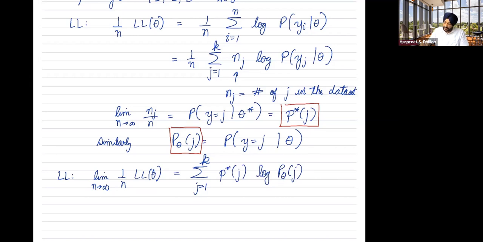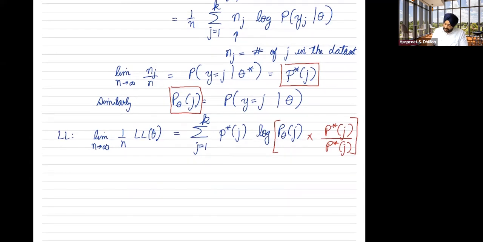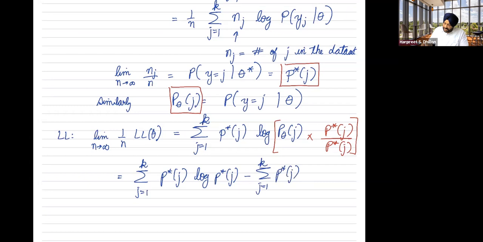Then within the log, I multiply and divide by p star, and write log of a b as log a plus log b in the following way: sum over j equals 1 to k of p star j log of p star j, minus sum over j equals 1 to k of p star j log of p star j divided by p theta of j.